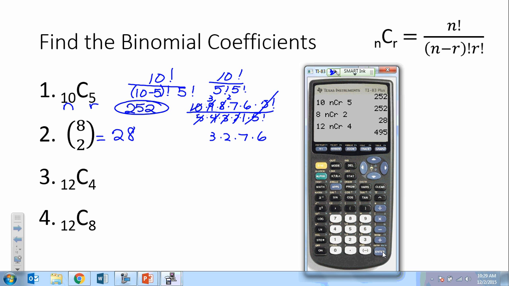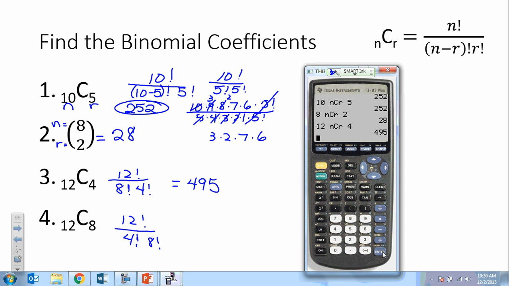Well, to show your work, you'd want to say that this is 12 factorial divided by, and then use the button. Yep. The n is the 8, and the r is the 2. Just a different notation for binomial theorem expansion. So lastly, here we would say 12 factorial divided by 12 minus 8 is 4 factorial and 8 factorial.